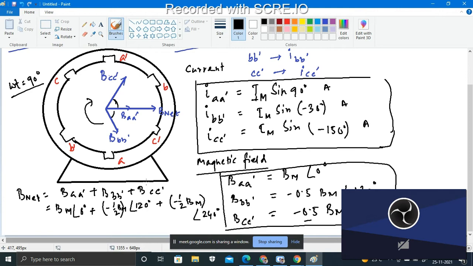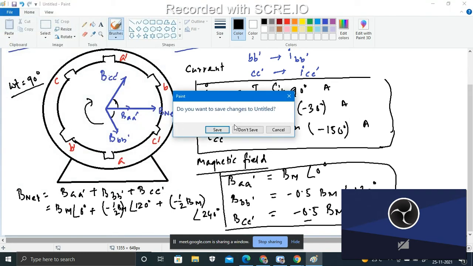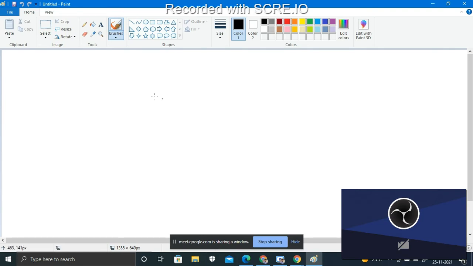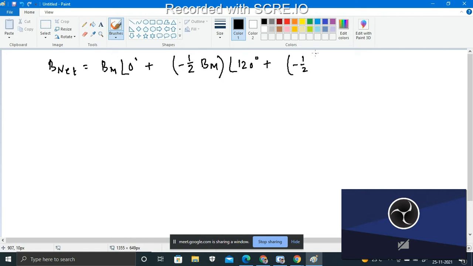There must be a cos function and a sine function, as we told in the previous lecture. So we will go to a new page. B net is Bm at an angle 0, plus minus half of Bm at an angle 120, plus minus half of Bm at an angle 240 degrees.